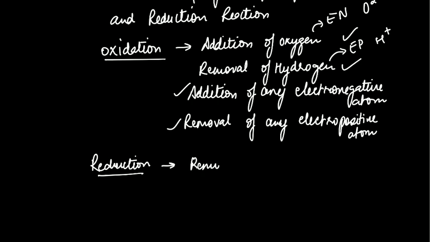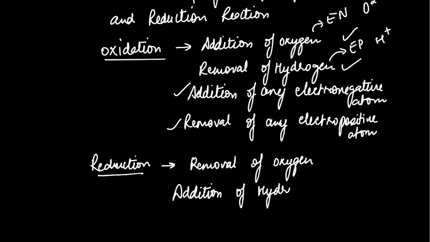Removal of oxygen, because oxidation is addition. So removal of oxygen, addition of hydrogen. So I'm linking this part, addition of oxygen, removal of oxygen. Removal of hydrogen, so it will be addition of hydrogen. So opposite of what I've written in the oxidation part. Addition of hydrogen.